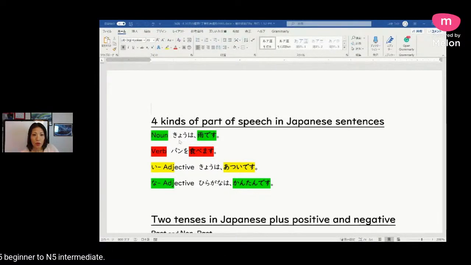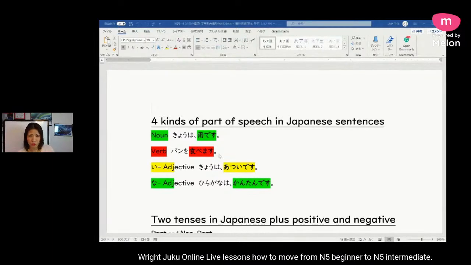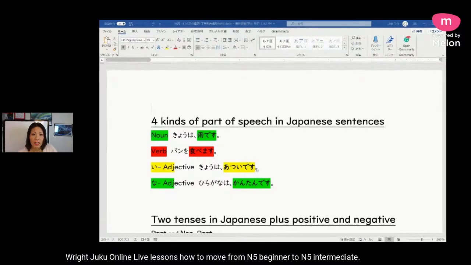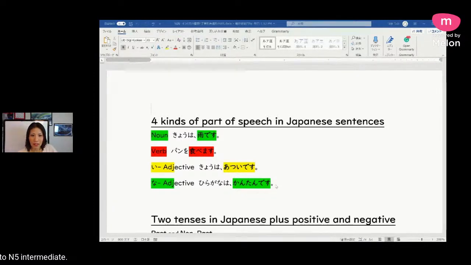For example, 今日は雨です。That's a noun sentence, because it ends with a noun. パンを食べます。It ends with a verb, so we call it a verb sentence. 今日は暑いです。That ends with an i adjective, so we call it an i adjective sentence. ひらがなは簡単です。That ends with a na adjective, so we call it a na adjective sentence.